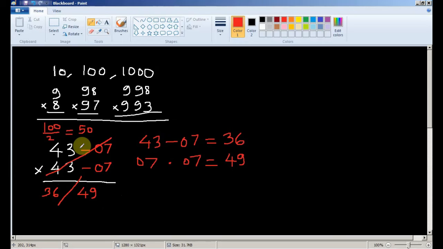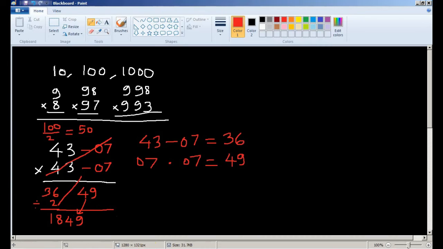But we are not done yet, because we have done a division of our main base, which is 100, to get 50. So here what we have to do is repeat that division once again. Divide 36 by 2. If you divide 36 by 2, you are going to get 18, and next to this number you simply write down 49.